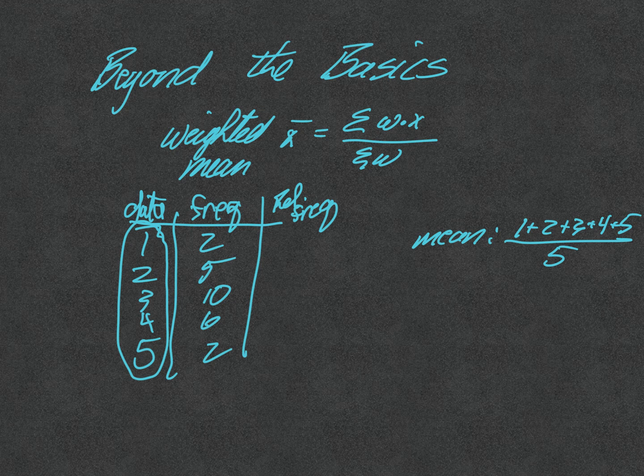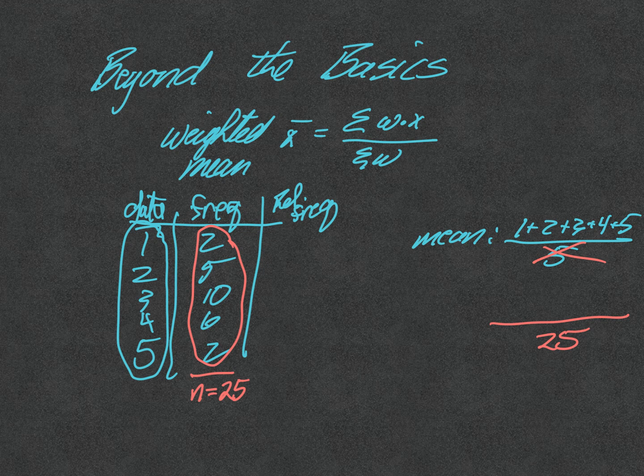But the problem with that is the frequency tells us that we actually have n equals 25 pieces of data. So I should actually be dividing by 25 and not 5.